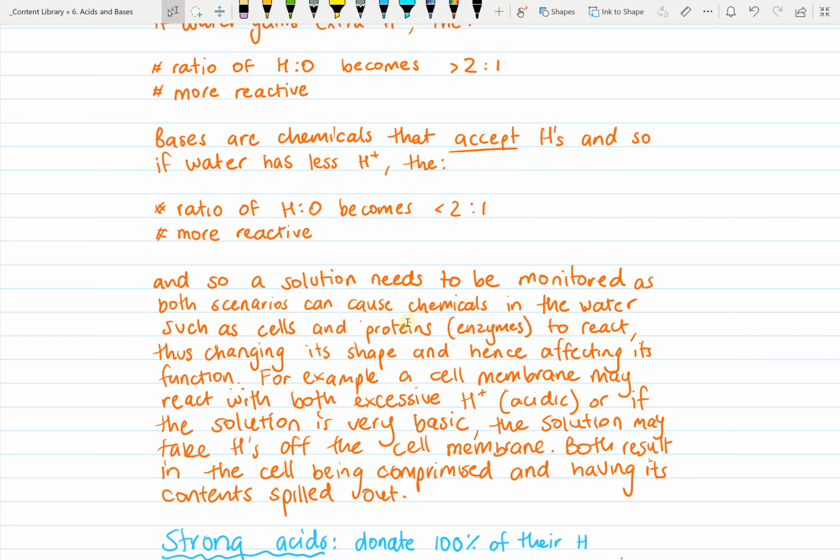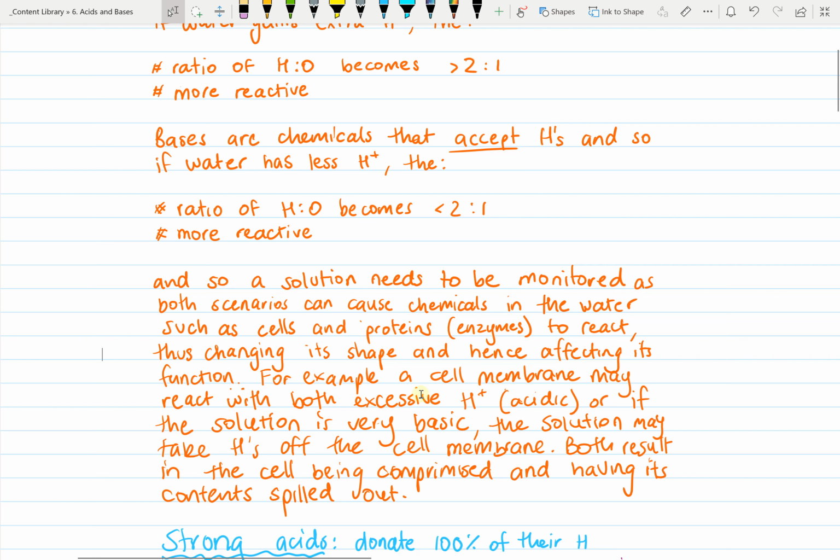They all have a structure, a certain shape, and that shape gives them a function. So your cells, your cell membranes and everything in it, but typically the membrane on the outside, even though there's water on the inside. Your proteins, your enzymes, all the little machines of your body, they all have a certain shape.